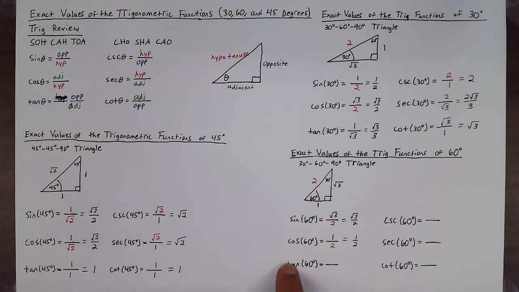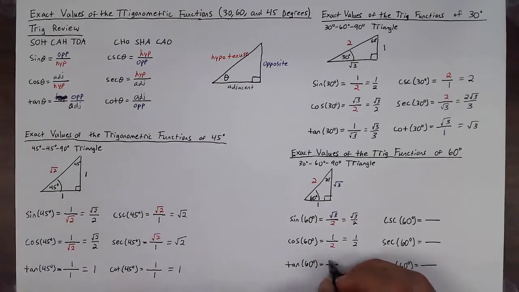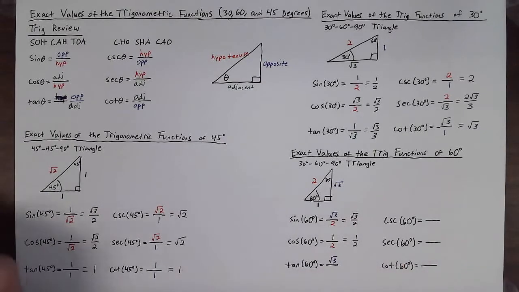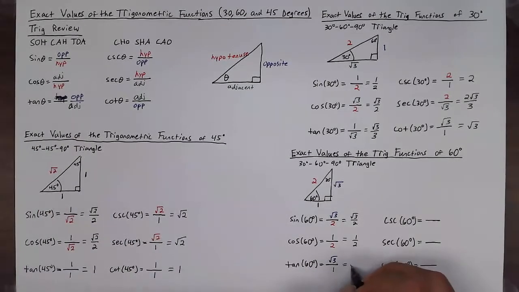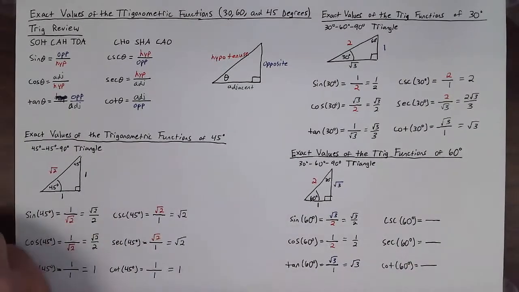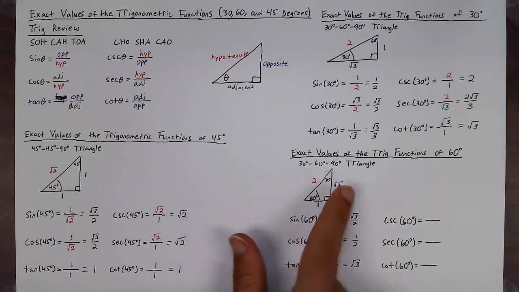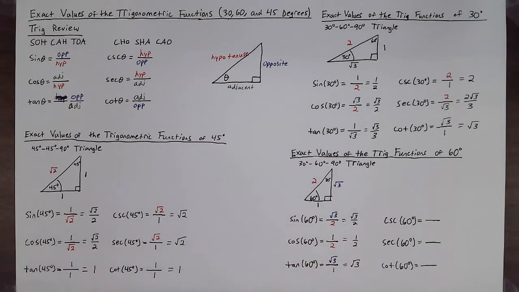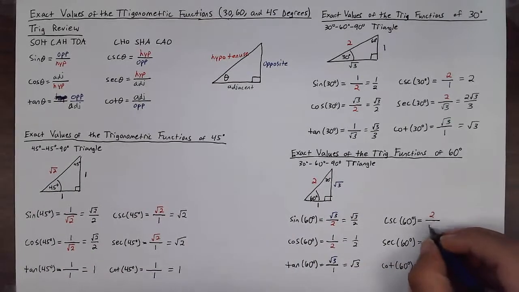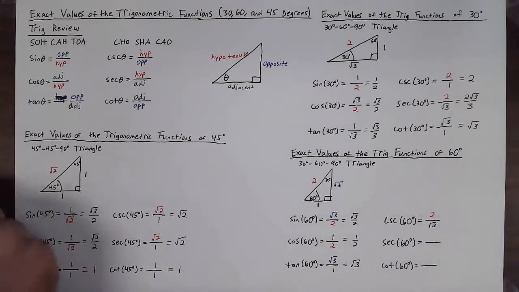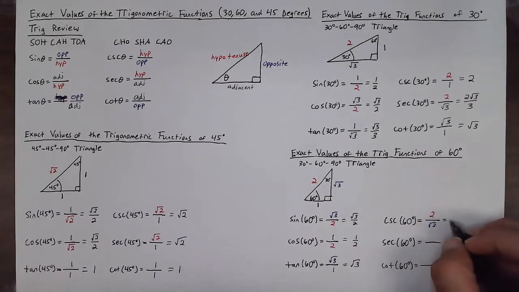Tangent will be opposite over adjacent, giving me the square root of 3 over 1, which is just the square root of 3. Cosecant of 60 would be hypotenuse over opposite, so it would give me 2 over the square root of 3, which when I rationalize that denominator, I get 2 square roots of 3 over 3.